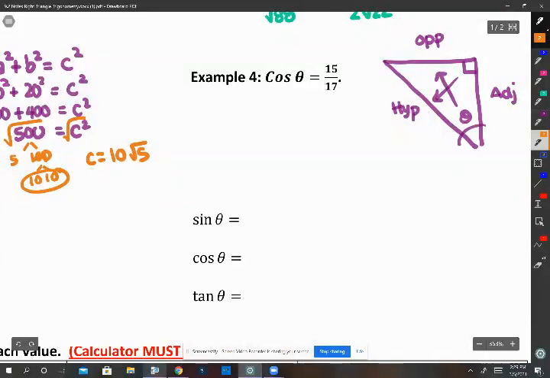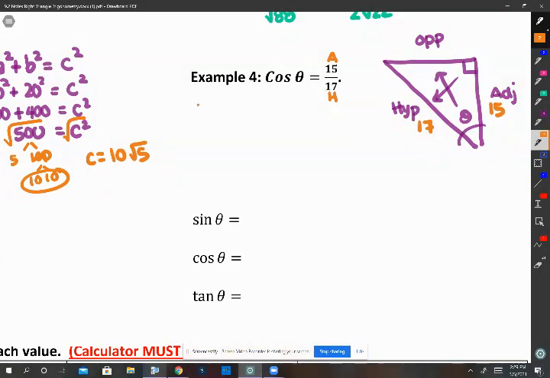And what we want to realize is that cosine is adjacent over hypotenuse, so that I can put those values in the right spot. So adjacent is over here, so this is going to be 15, and hypotenuse is 17. And so that means I have to do Pythagorean theorem to find the missing piece.